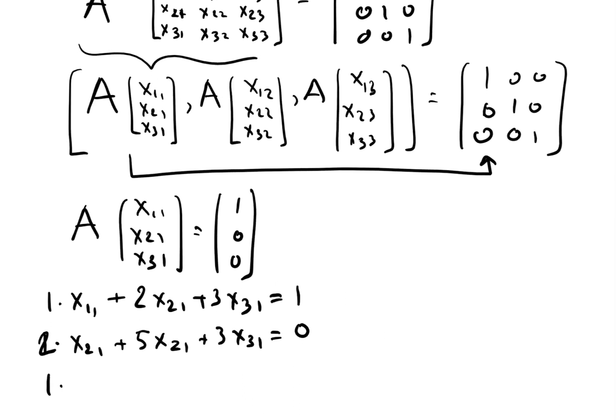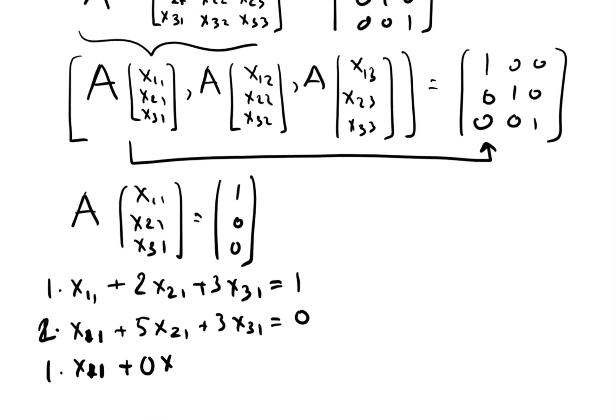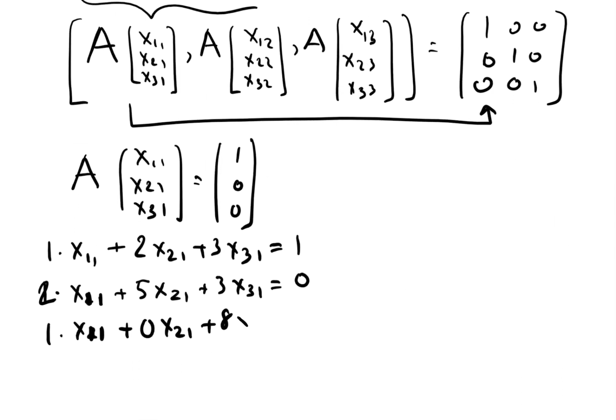So that's 1 times X11 plus 0 times X21 plus 8 times X31, that's equal to 0. So I've got this system to solve in order to figure out the first column of X.